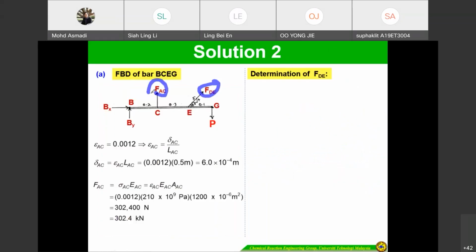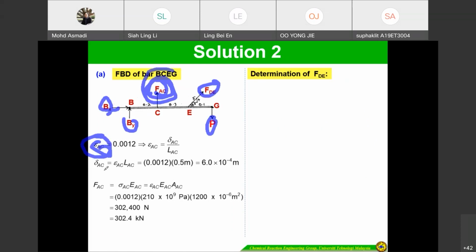If you look at here, the strain is given as 0.0012. Since we want to determine the FAC first, right? FAC is unknown. There are many unknowns here actually. FDE we know, P is unknown. So the important thing is FAC, because it's given a strain of epsilon AC.